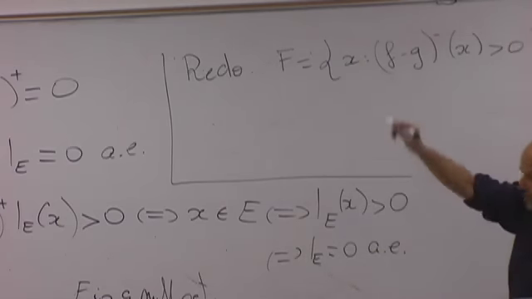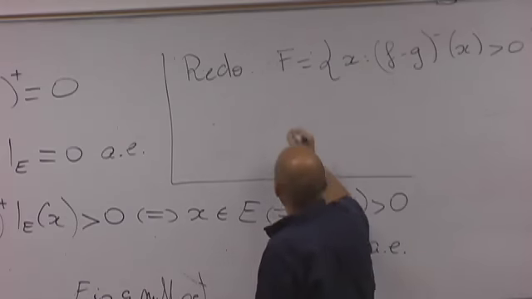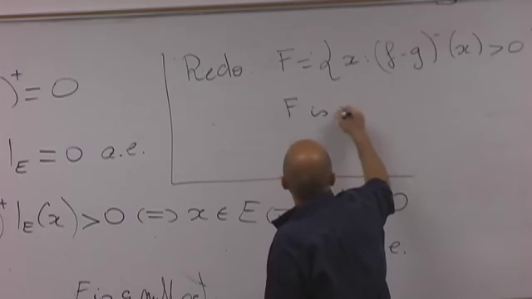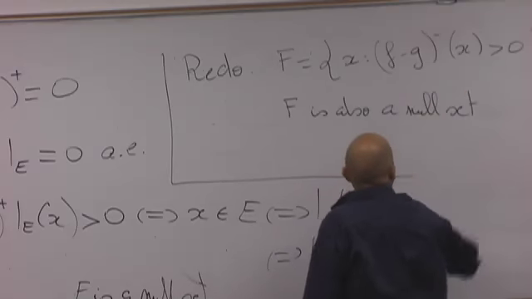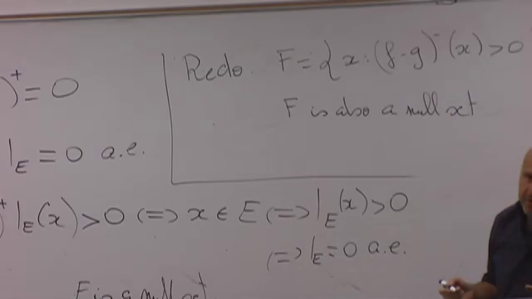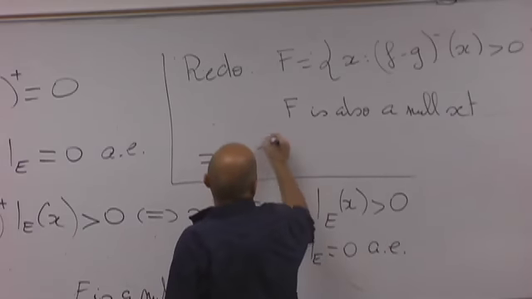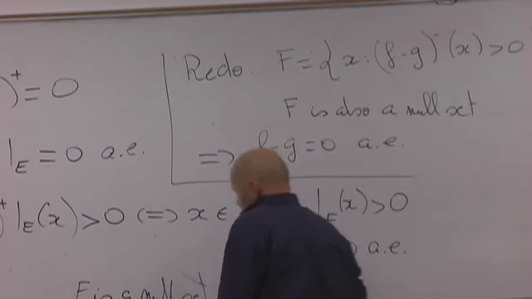And we go through the same steps, and we conclude that E is also a null set. Now, if the positive part of a function is null and the negative part of a function is null, it means that the function is null. Okay, the two together means that f minus g is 0 almost everywhere. And we are done.